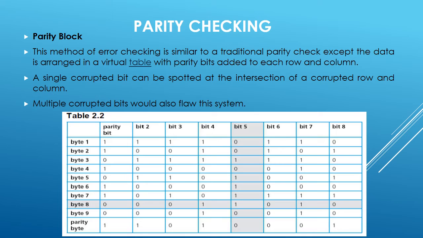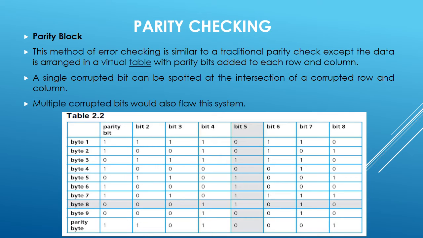So the parity bit is set as 1 to make it even, which is correct. In byte 5, there are a total of 4 ones, which is even. So the parity bit is set as 0 and is correct. At the 6th row, byte 6, there is a total of 1 one. So to make it even, 1 is added as a parity bit, which is correct.